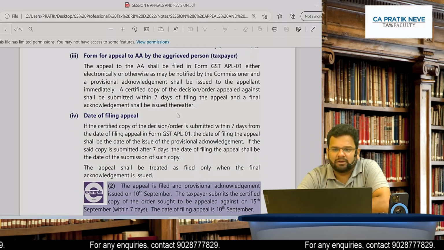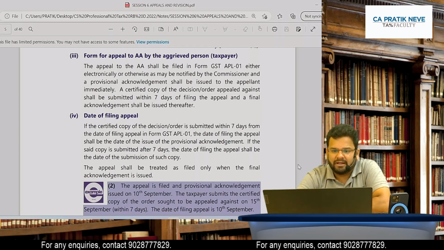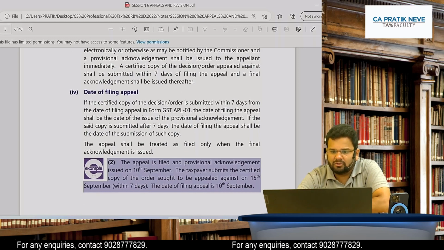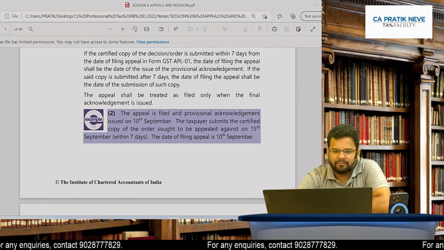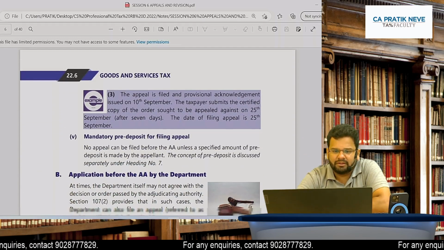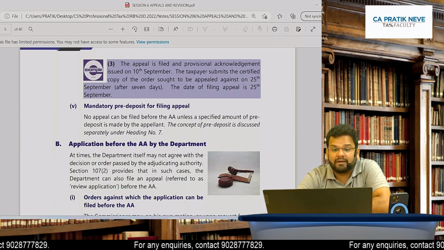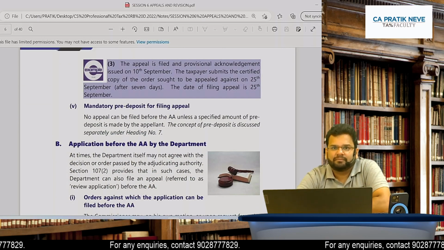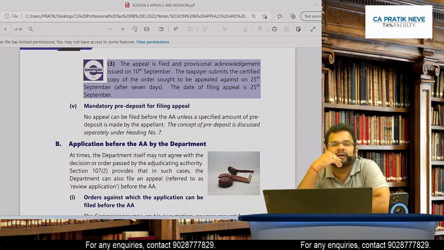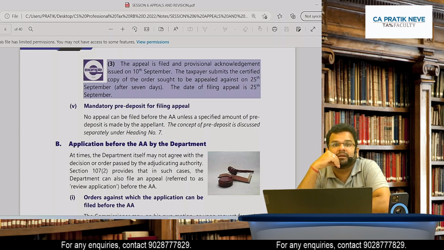For the form for appeal, you can go through form APL-1. The date of filing the appeal you can also go through. We are not going through procedures mainly. Yes, we are also going to discuss mandatory pre-deposit. You cannot just go and file the appeal.